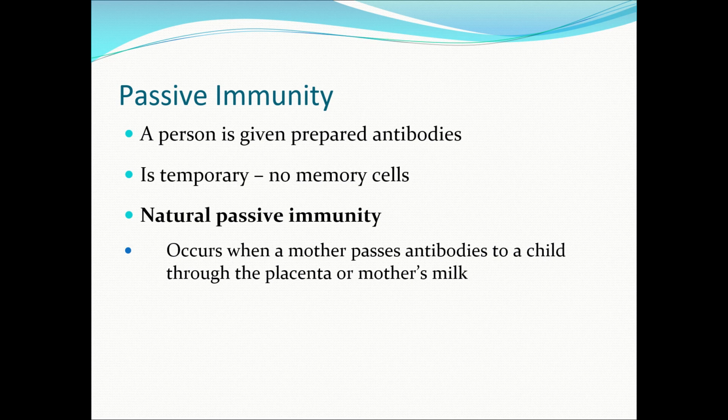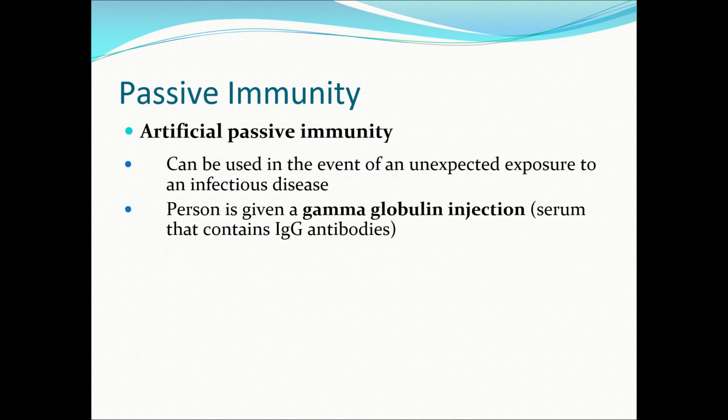It is temporary and no memory cells are formed. Natural passive immunity occurs when a mother passes antibodies to a child through the placenta or the mother's milk. Artificial passive immunity can be used in the event of an unexpected exposure to an infectious disease. The person is given a gamma globulin injection, like a serum that contains antibodies, the immunoglobulin proteins, G.